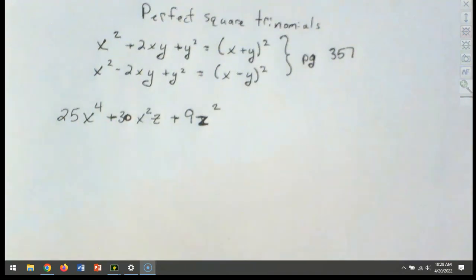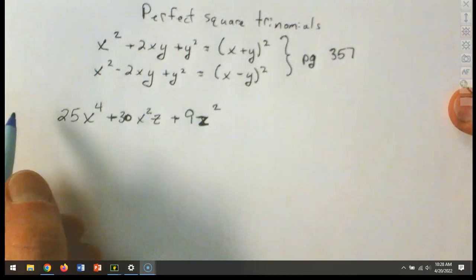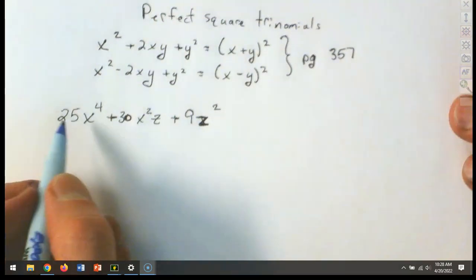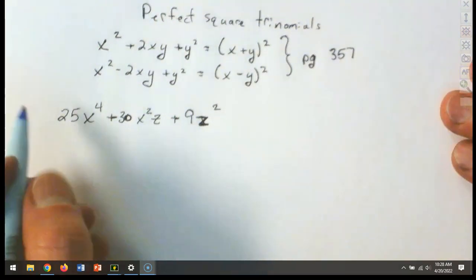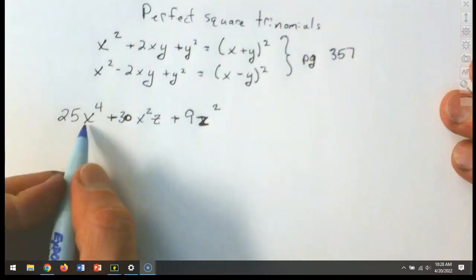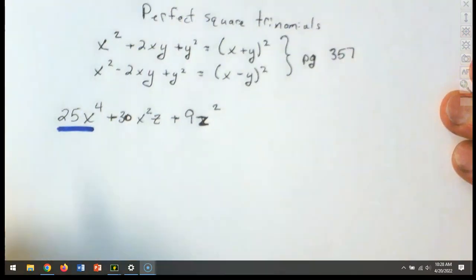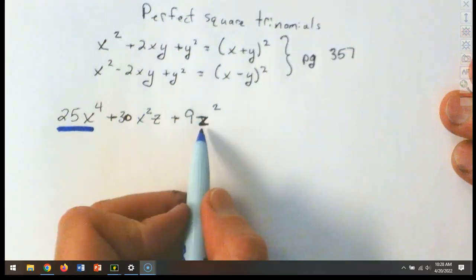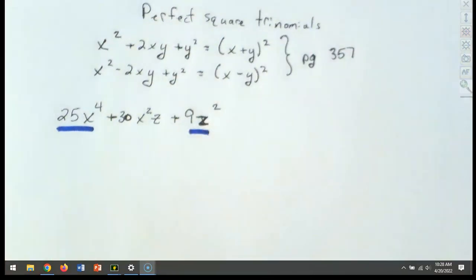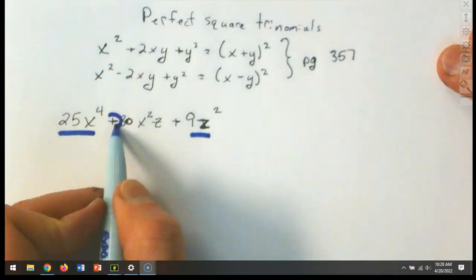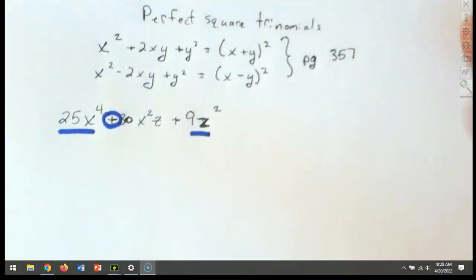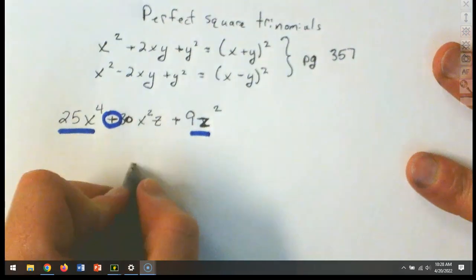But when we look at this one, before I try to factor it like I did in 5.2, I look at this and I say, well, 25 is a perfect square. 9 is a perfect square, isn't it? Right? And what's the sign in the middle? Positive.